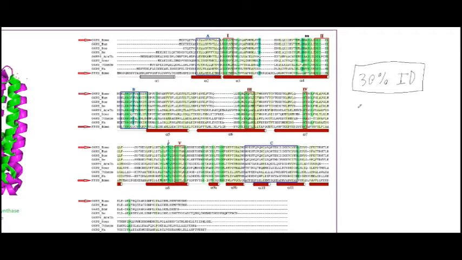And you will also see quite often when you're looking at multiple sequence alignments a similarity rating. A lot of times you'll see similarity, and that might be something on the order of 80%. And that's what I was talking about right here, where we're changing the amino acid, but we're not changing the chemical properties of it by that much.